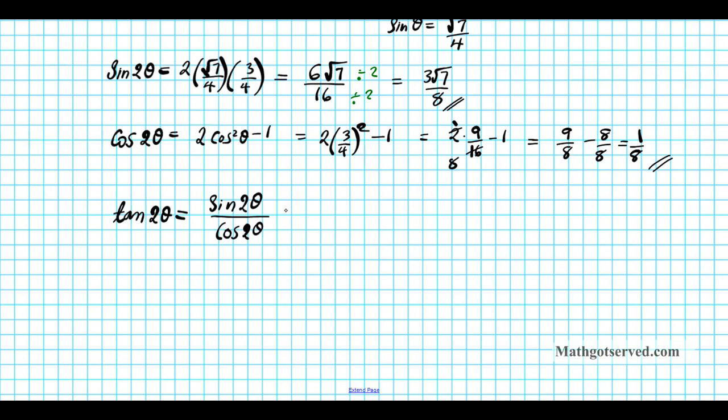So sine 2 theta is 3 root 7 over 8, and we'll divide that by 1 over 8. To do this, we'll multiply the numerator by the reciprocal of the denominator. Okay, so the 8's cancel out. And our final answer for tan 2 theta is simply 3 root 7. Alright, so that's that.